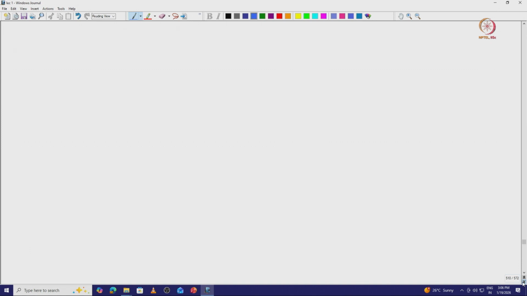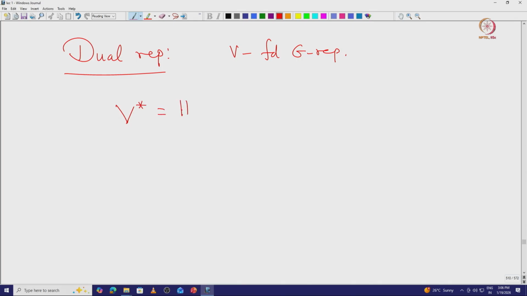Okay, so let me define what is called the dual representation and then stop. I might have already defined it, but let us recall what it is. We start with V being an n-dimensional G representation. Now we want to take the dual space, which is Hom(V, C): all possible C-linear maps from V to C, called functionals, and this is what we call the dual space.